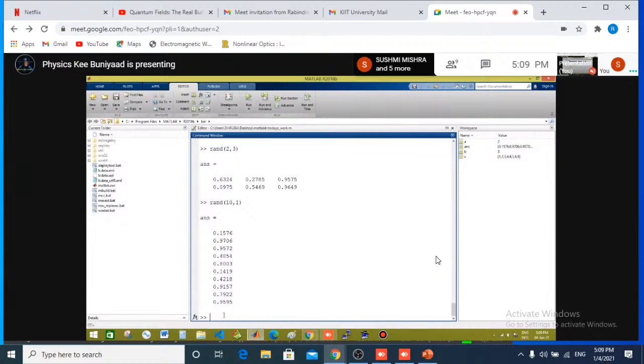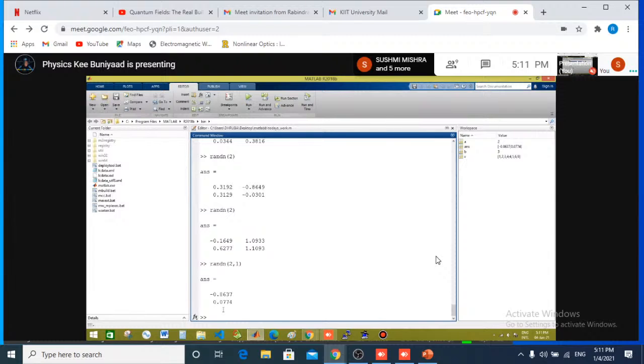Now max and min. Here a matrix X is shown in the command window.